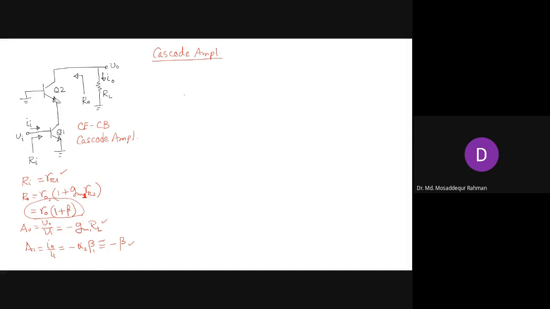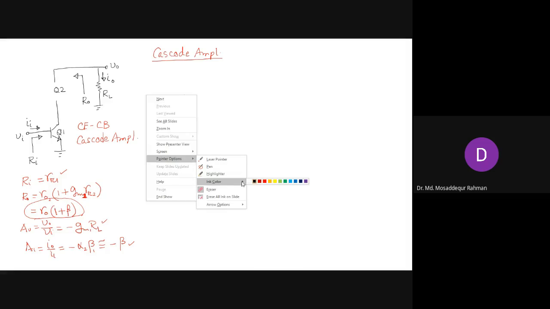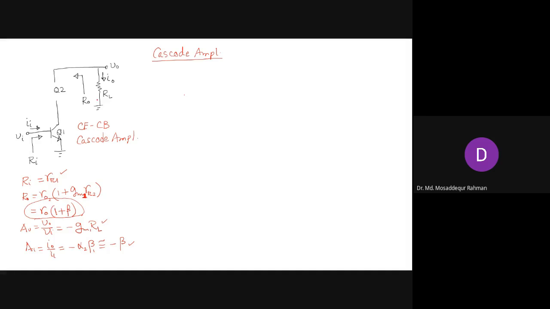The modification is that basically we replace the transistor with a MOSFET here, or Q2.